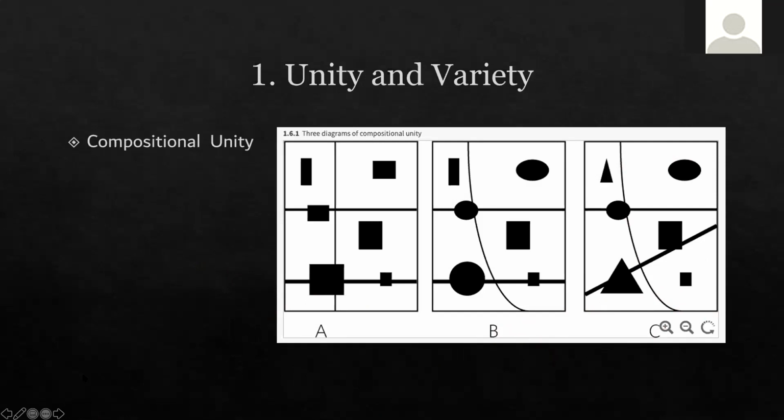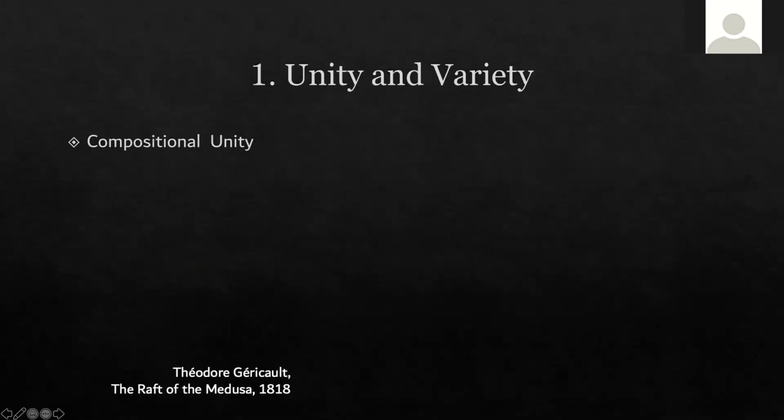So artists use the elements of art to create compositional unity. We learned line as one of the visual elements, right? And we learned three types of lines to show motion and emotions.